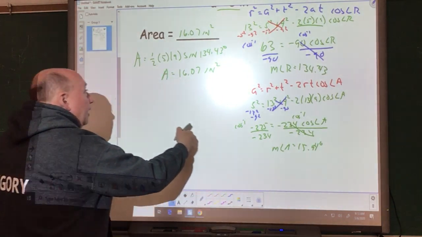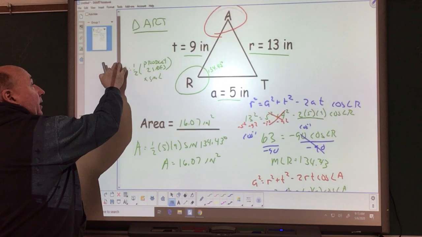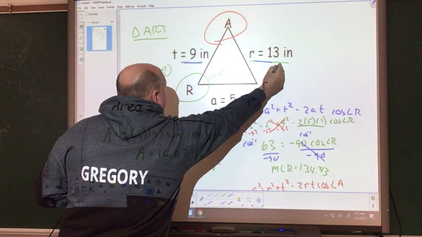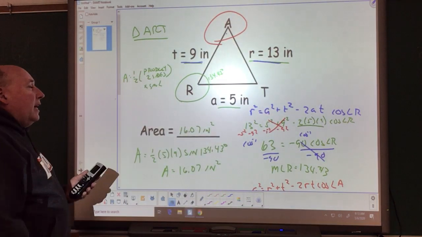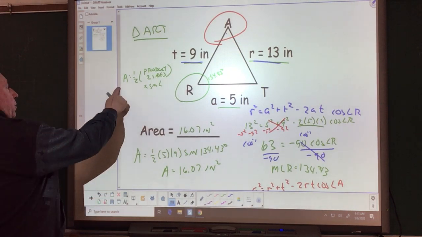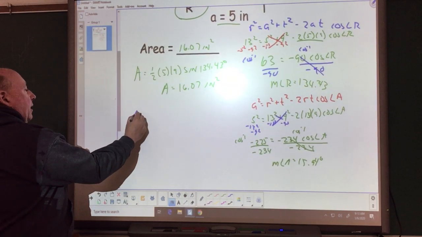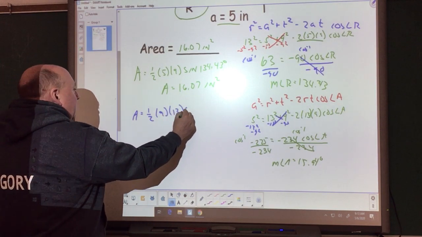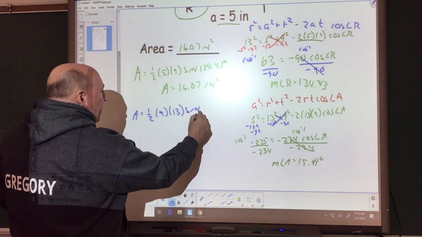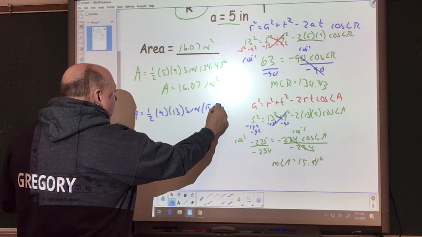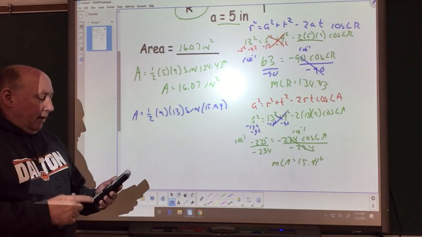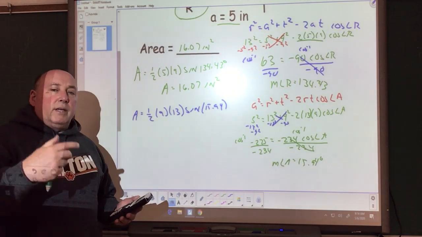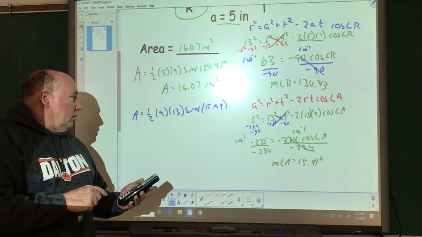So over here, 9 and 13 include this angle A. So we can multiply 1/2 times 9 times 13 sine of the 15.94. And once again, I have that value sitting in my calculator, so I could just take the sine of my answer.